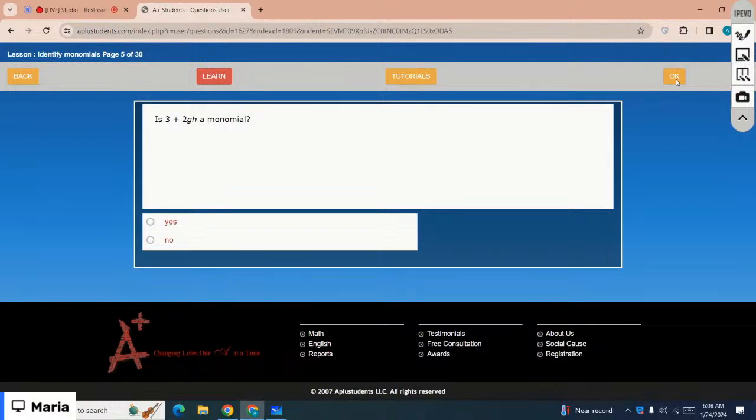Is 3 plus 2gh a monomial? The correct option is no, this is not a monomial. A monomial doesn't include addition or subtraction signs, right? So the correct option is no.